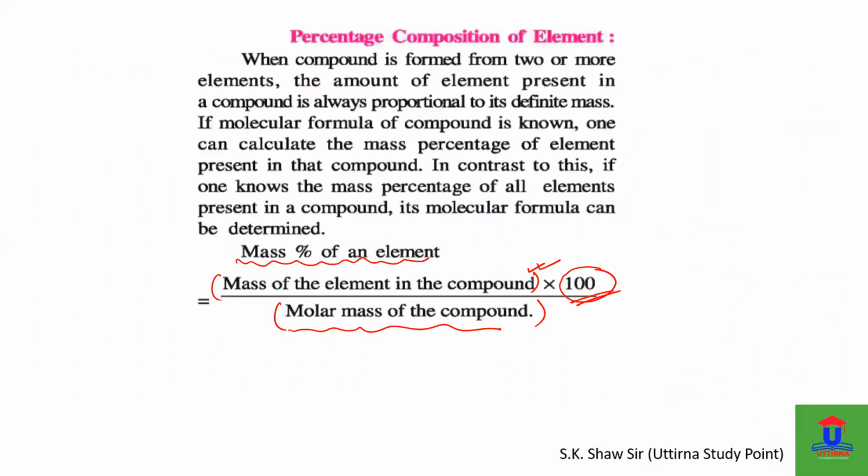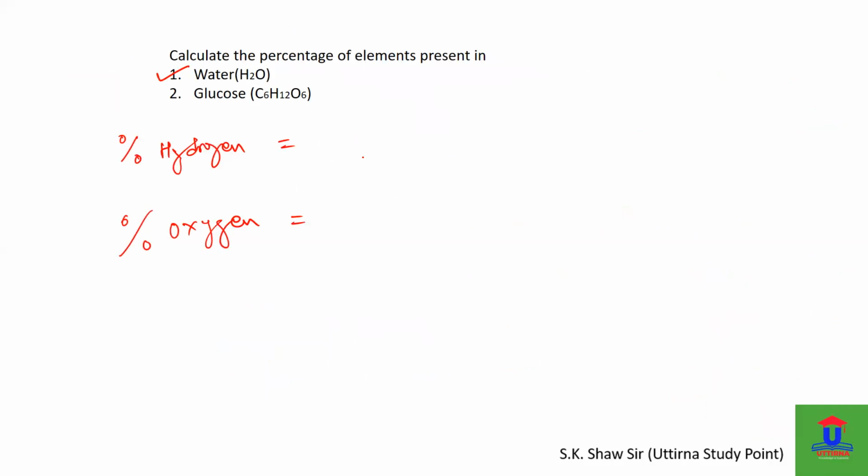Okay, so solve this one. First of all, you need to know the molecular mass of water. Molecular mass of water is equal to 2 into hydrogen, which is 1, plus oxygen, whose atomic mass is 16. So it is 18. The molecular mass in the division is 18.